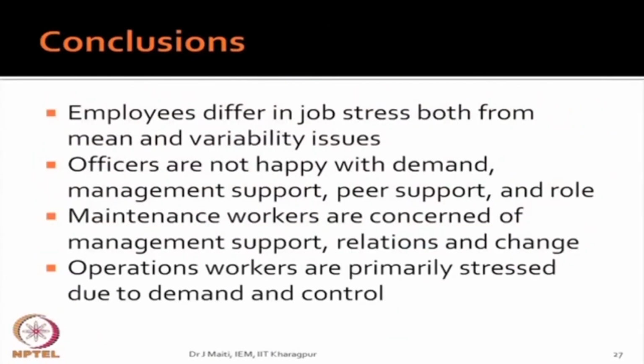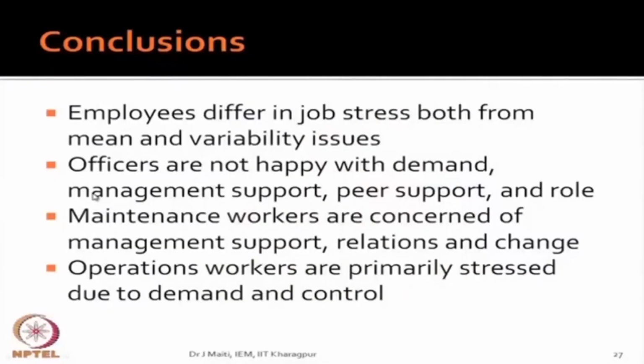So my conclusion is, employees differ in job stress both in mean and variability. Officers are not happy with demand, management support, peer support and role. Maintenance workers are concerned about management support, relationships and change. See, job stress is absolutely there, and no study is required to know this, because seeing the face it is possible to understand people are under stress.